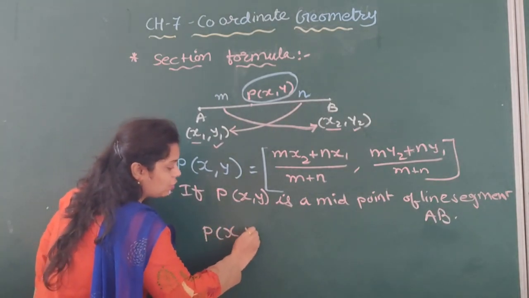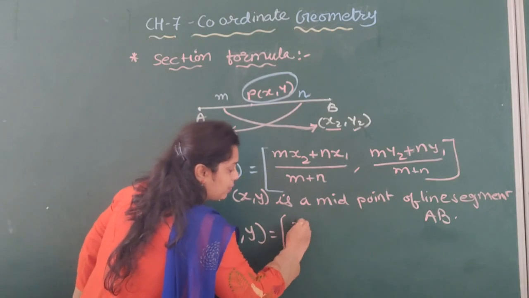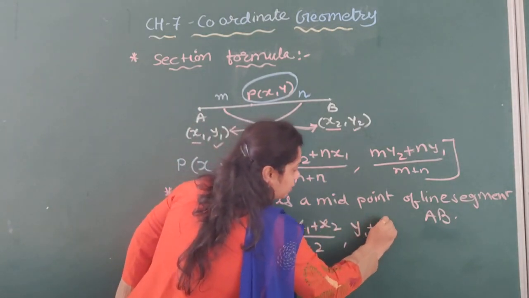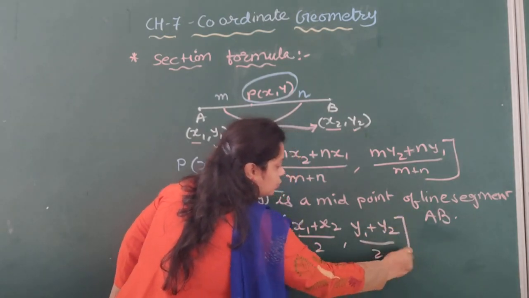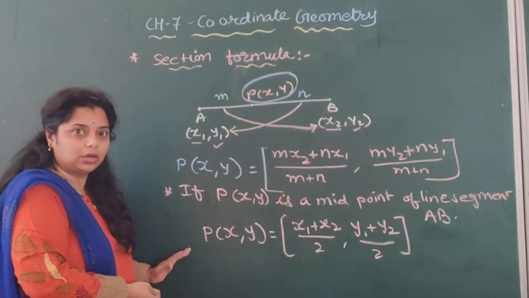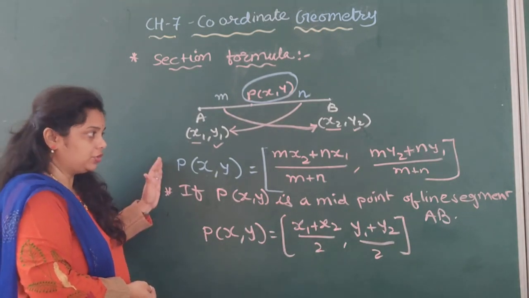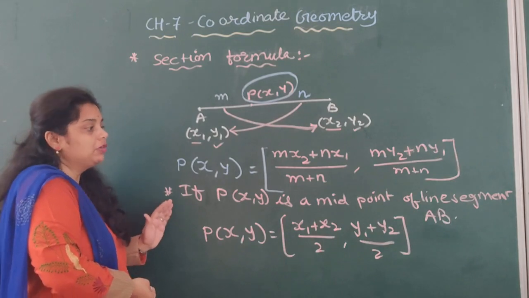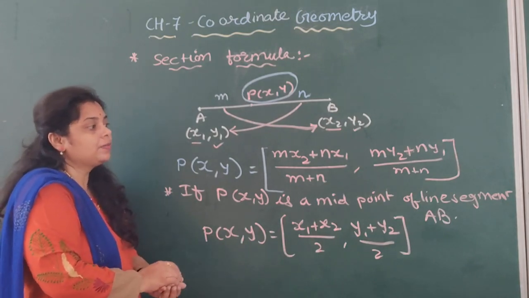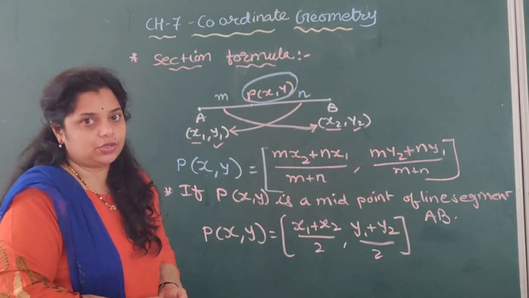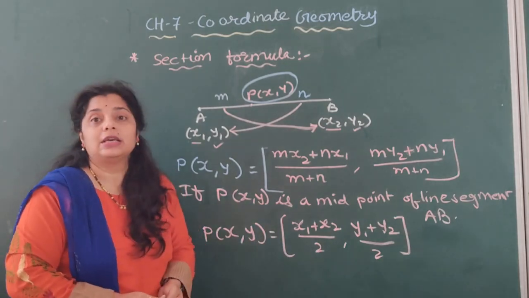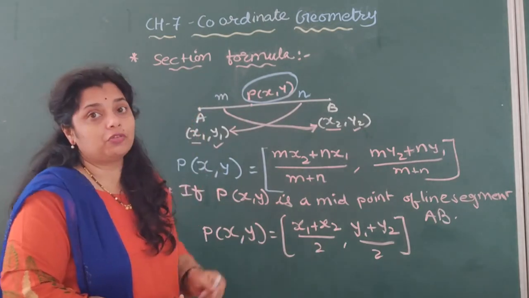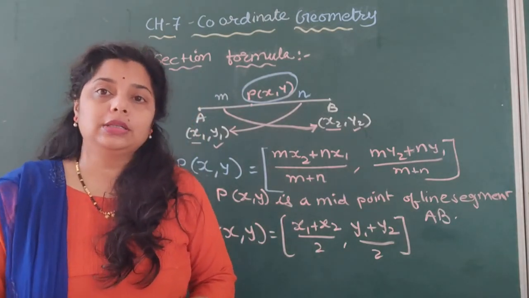Then the formula is (x, y) is equal to ((x1 plus x2) by 2, (y1 plus y2) by 2). So these two formulas you have to learn, okay, to find out the ratio as well as to find out the x and y coordinates of the point which divides the line segment into the particular ratio. So let's see the exercise 7.2 in which we have to use this section formula to find out both the things.